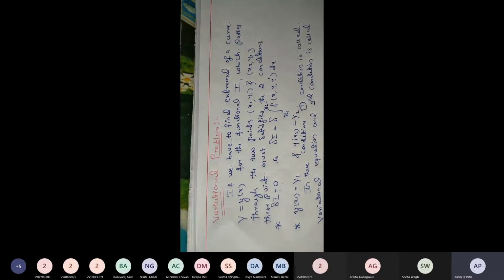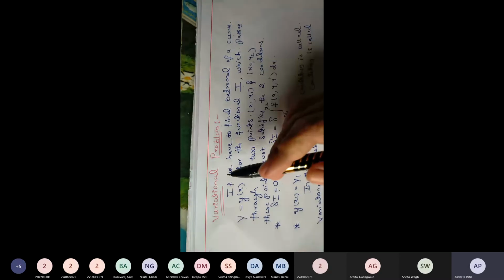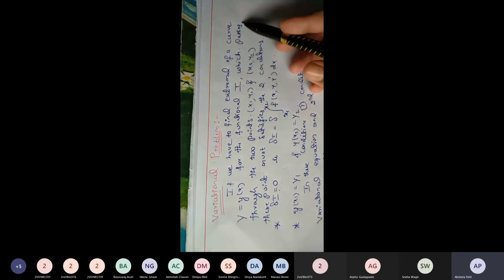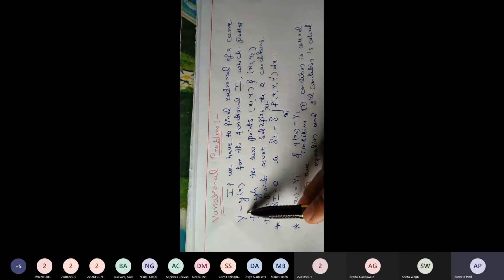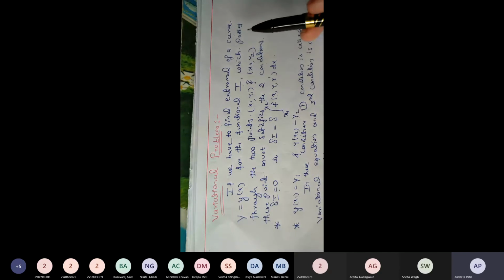Variational problem means if we have to find the extremal of a curve y equals y of x for the functional capital I which passes through the two points x1 comma y1 and x2 comma y2, these two points must satisfy two conditions. The first condition is delta I equals 0, and we already know the definition of functional.